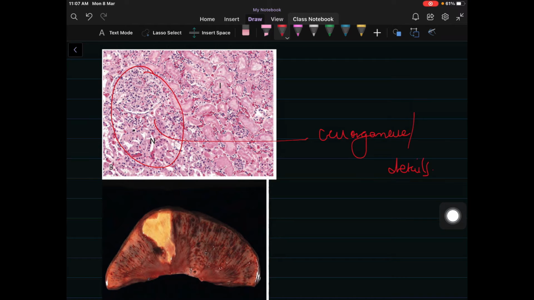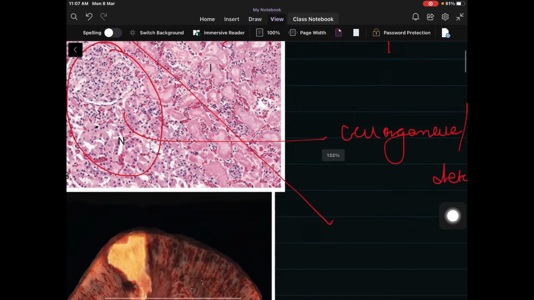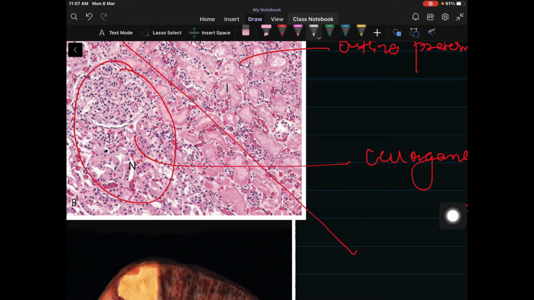But in the other half of the picture we can see that there is only outline preservation, but no cellular details. As we can see, there are no cellular details in this type of cell. So these are denoted as ghost cells. There is nothing inside the cell, only the outline of the cell.